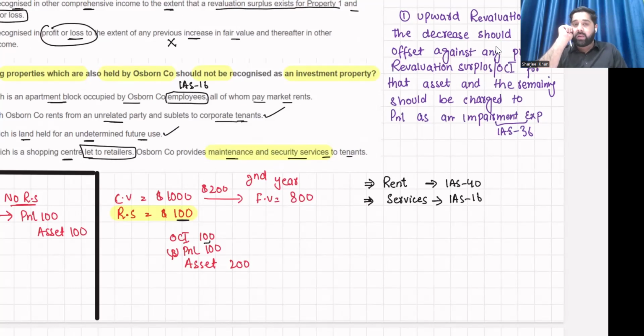Now, which standard should be applied? You have to apply the accounting standard whose income, whose economic benefit prevails over the other. If the rental income prevails over the other services, Osborn Company should apply IAS 40 on this property. But if the income of other services prevails over the rental income, Osborn Company should apply IAS 16 property, plant and equipment on this property.